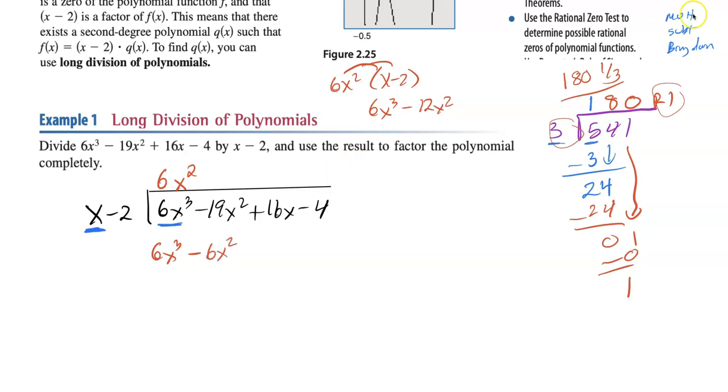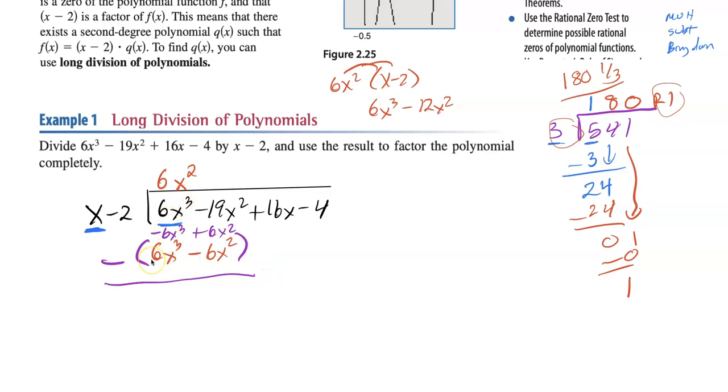So we multiplied. What do we do next? Subtract. We go this guy minus this guy. Now a lot of people make a mistake here. The most common mistake is right here. So what I like to do is put parentheses and then put a minus sign, and then distribute myself. It makes it negative 6x cubed plus 12x squared. Then I just add.